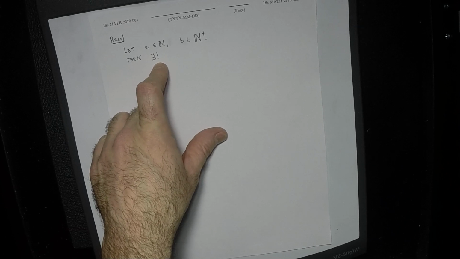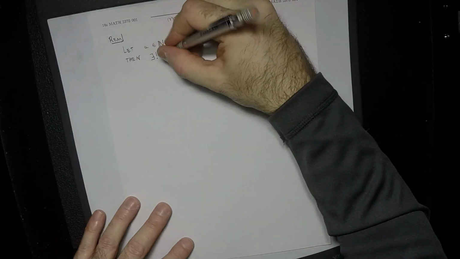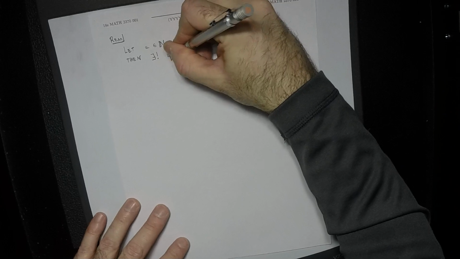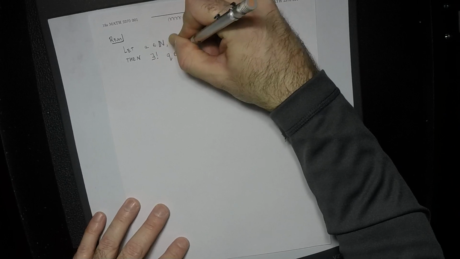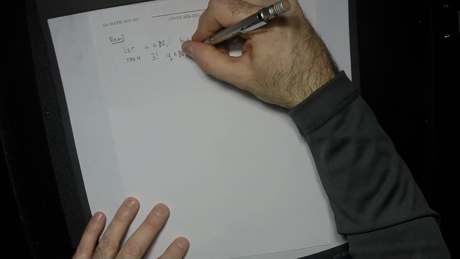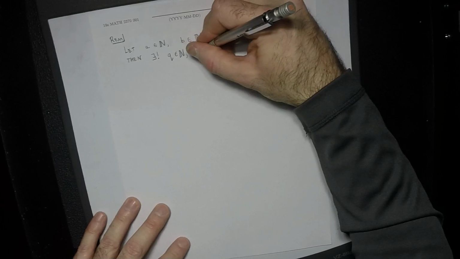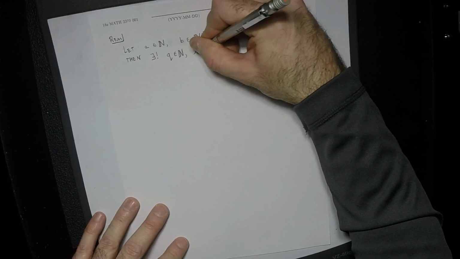It's not exists factorial either, and it's also not exists-not. When you write exists and then an exclamation point, this means unique. So there exists unique Q in the naturals, R in the naturals. Well, I guess I could have written Q and R, but oh well.